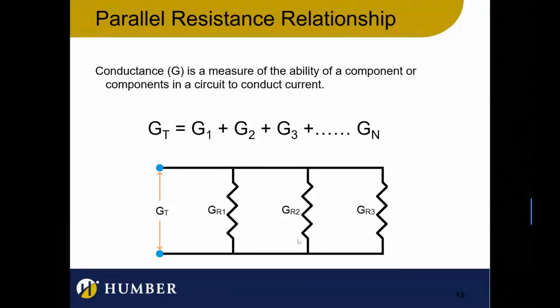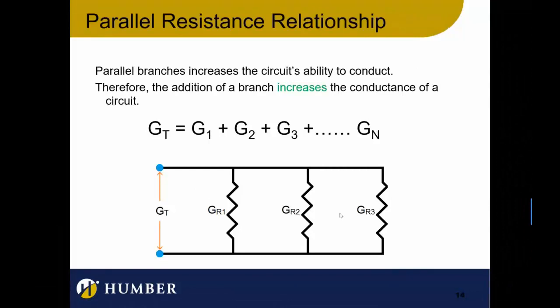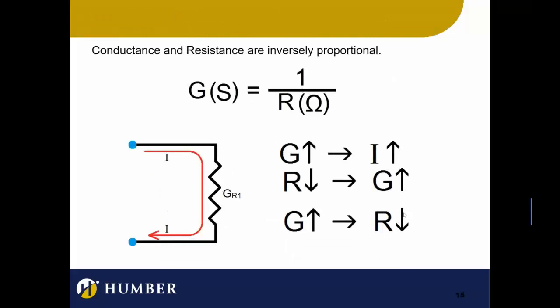So it's becoming more conductive. The more of these I add, the greater the conductance. The conductance increases because I'm adding all of these components, which are called resistors, but they also have conductance. They're allowing more current to flow. Now, we know that conductance and resistance are inversely proportional.